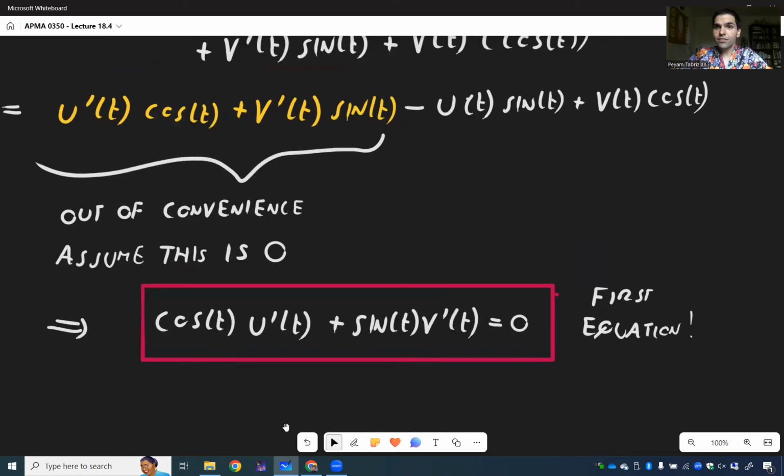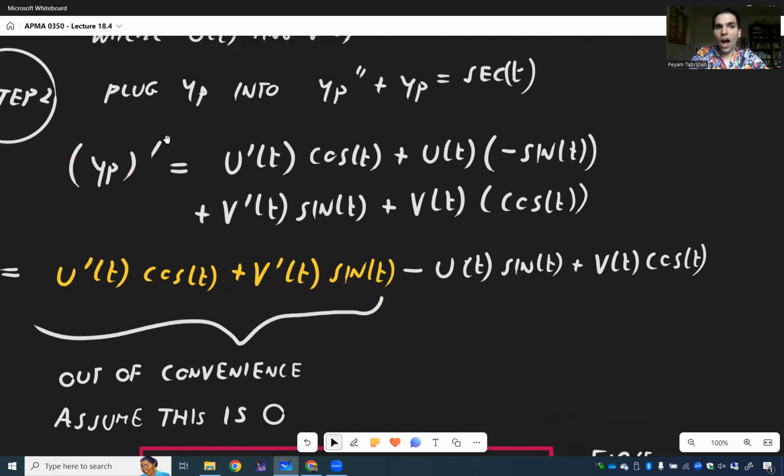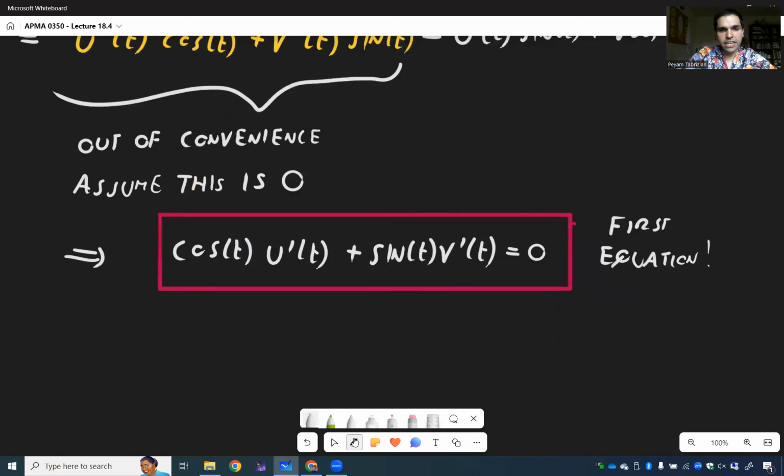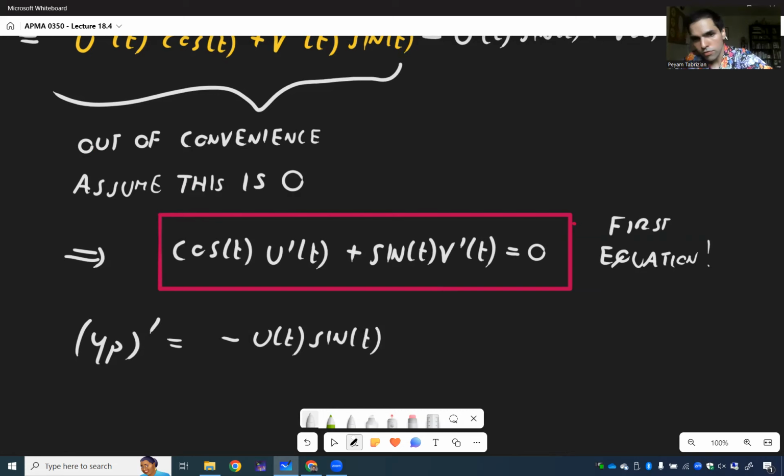In any case, what we then get is the terms in yellow, they're 0, and then yp prime simplifies to just that second term. So what we end up getting is yp prime just becomes minus u of t sine of t plus v of t cosine t.